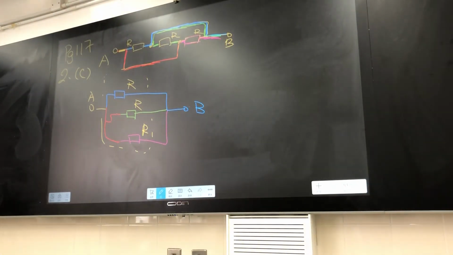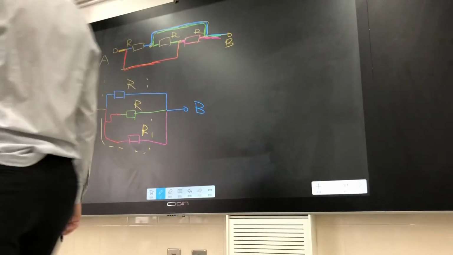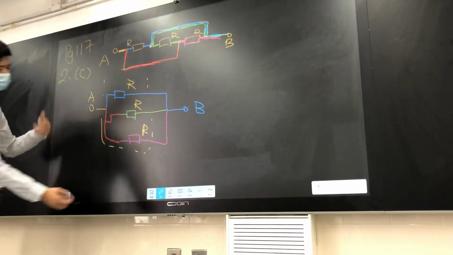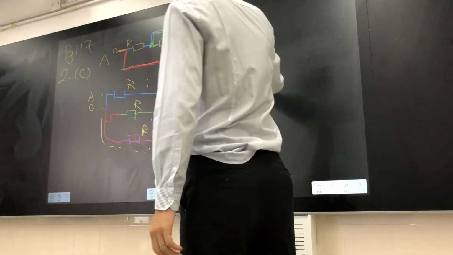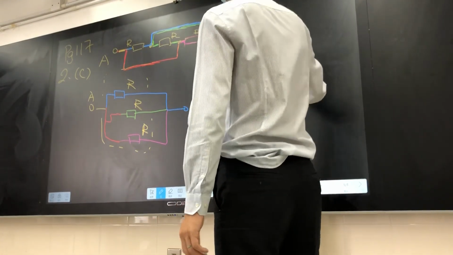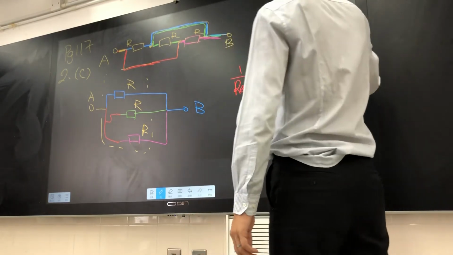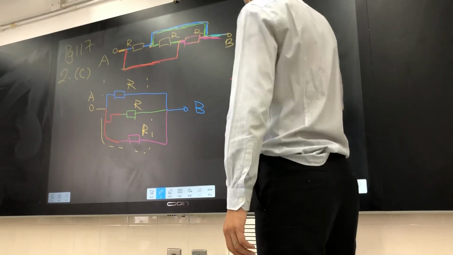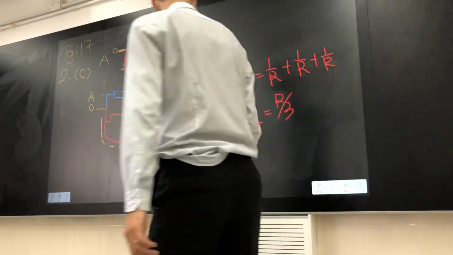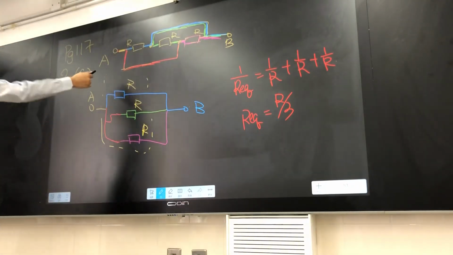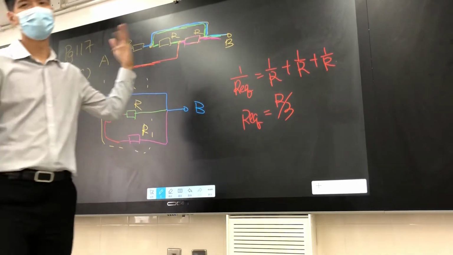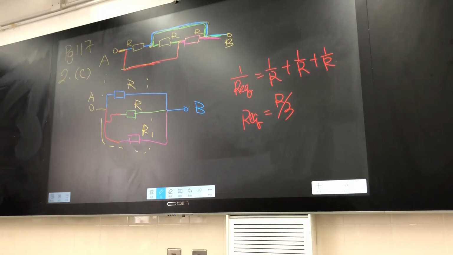Although the arrangement of these three resistors is quite weird, it is actually the same as the simple circuit with these three resistors connected in parallel. So 1/R equals 1/R plus 1/R plus 1/R. Actually I wouldn't set such a strange question, but this book has this question, so I'll explain it to you. You need to imagine your current passing through each path.